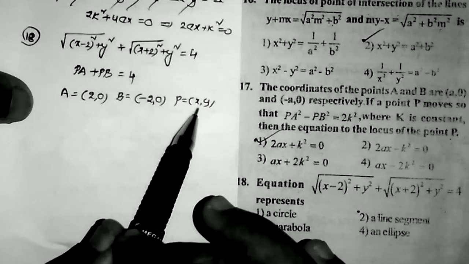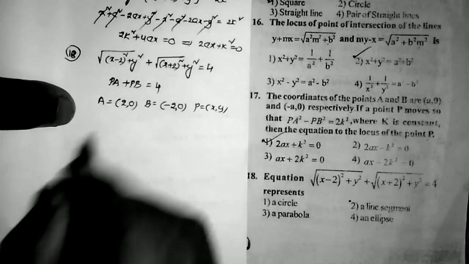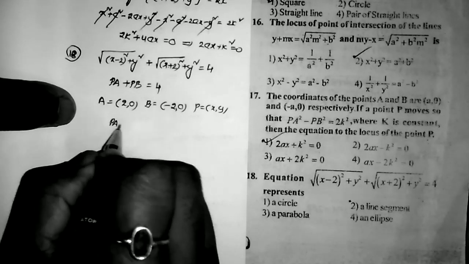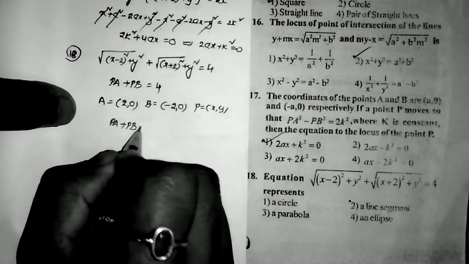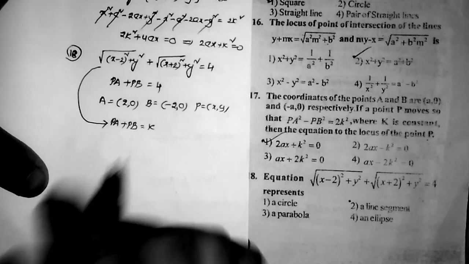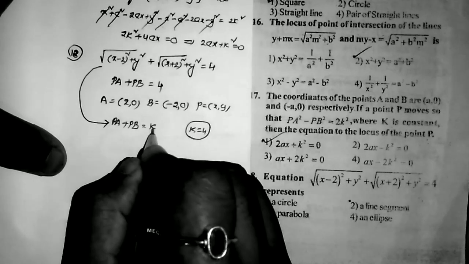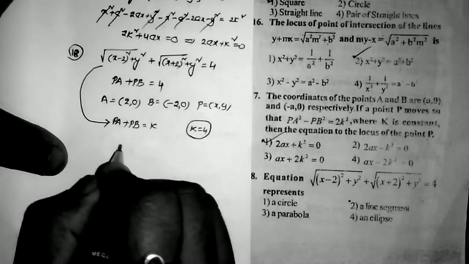What is the PB value? √((x + 2)² + y²), which is nothing but this value. So clearly the given equation is in the form of PA + PB = K. What is the K value? K = 4 here. We compare these two equations and we get K = 4.